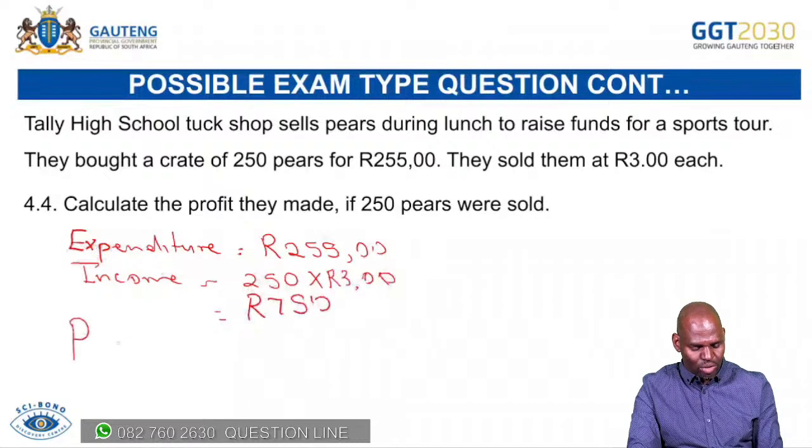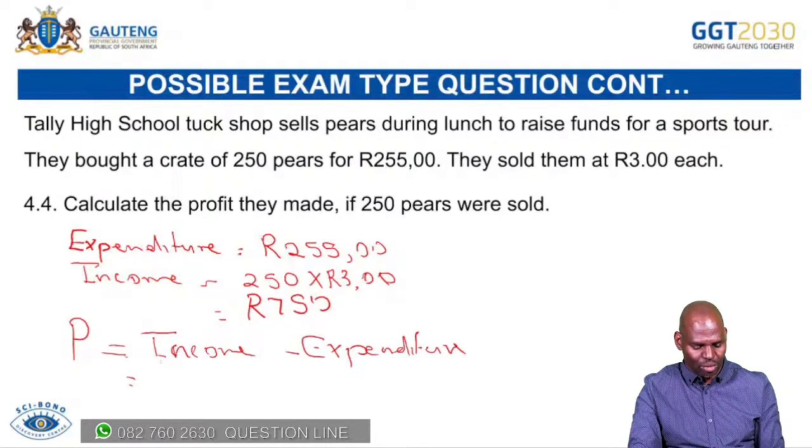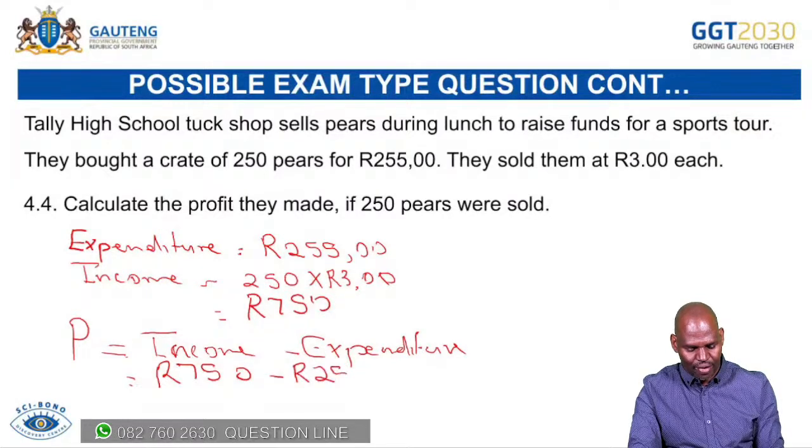But the profit amount will be income minus expenditure. Income minus expenditure, and then we say 750 rand minus 255 rand.